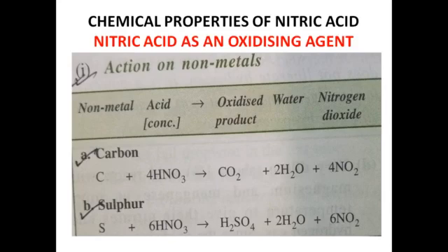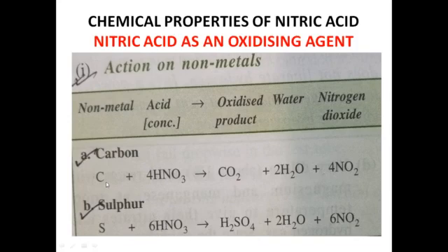And then some of the chemical properties of nitric acid as an oxidizing agent. An oxidizing agent means a substance that can add oxygen, or remove hydrogen, or remove electrons. Now carbon as a non-metal combines with nitric acid and gives carbon dioxide, water and nitrogen dioxide, whereas when it reacts with sulfur it gives sulfuric acid, water and nitrogen dioxide.